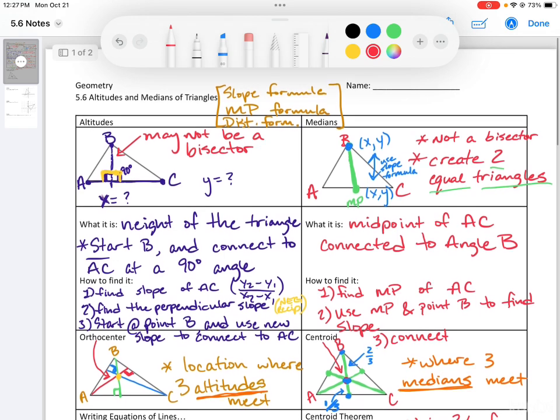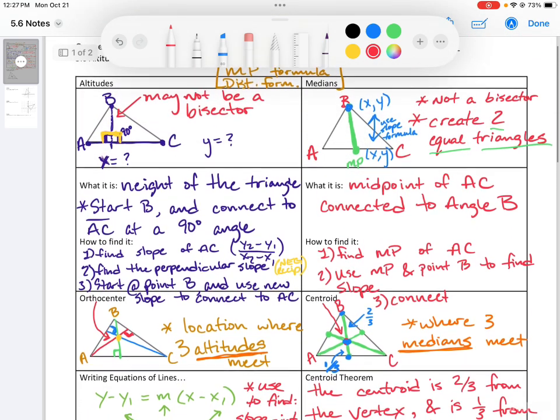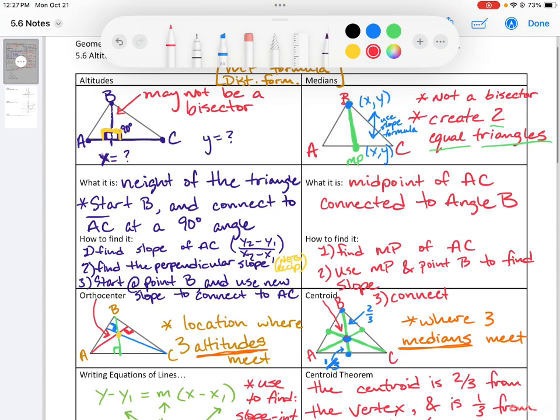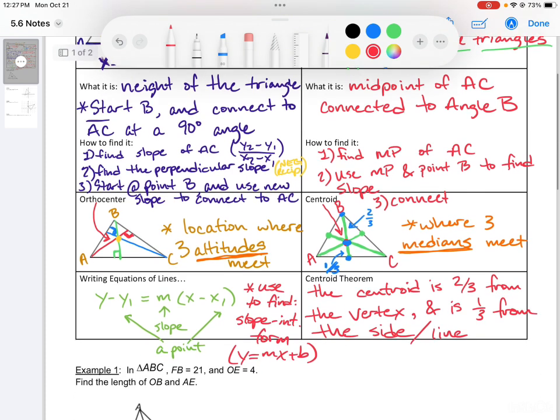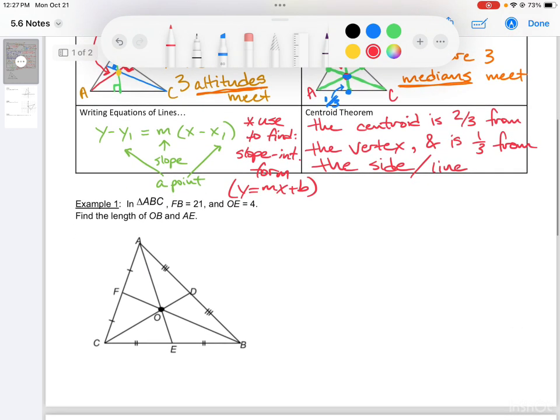Obviously, in these notes, the four main topics being altitudes, medians, orthocenters, and centroids. So keep this table handy as you work through the following examples, and especially as you work through your practice, so that you can refer back to it, okay?